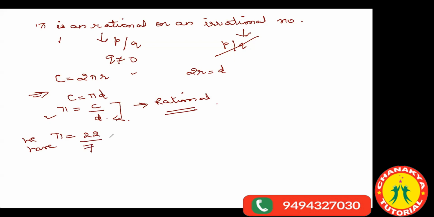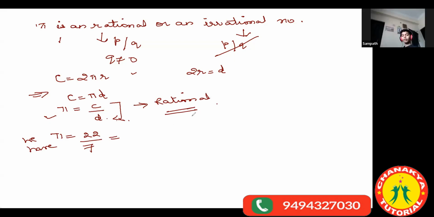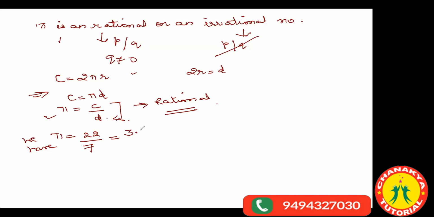And if the value of pi we take as 22/7 and calculate it by division, then it will be 3.14159265359, and so on.